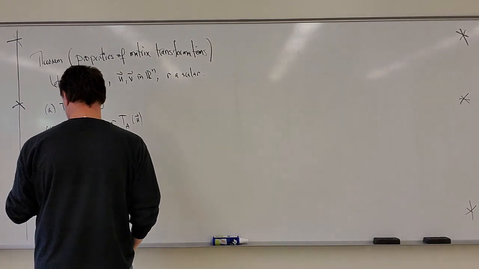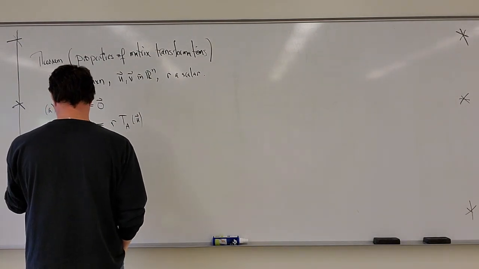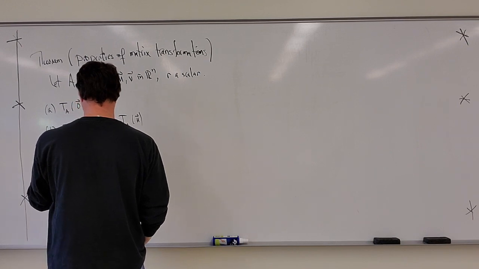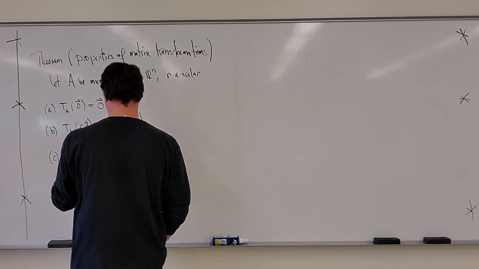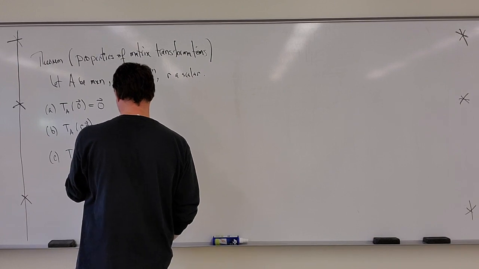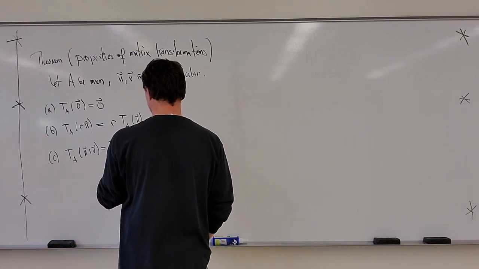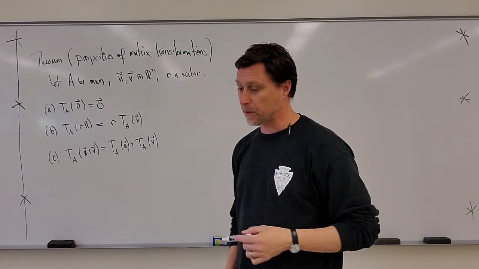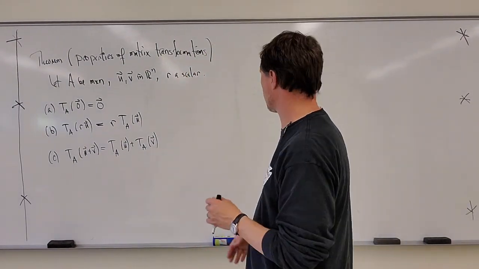And then part C: T sub A of u plus v is equal to T sub A of u plus T sub A of v. All right, so these three properties are nice properties of matrix transformations.